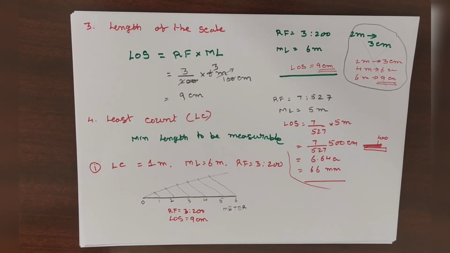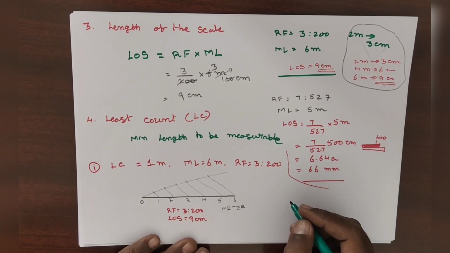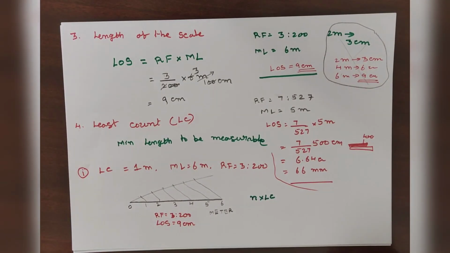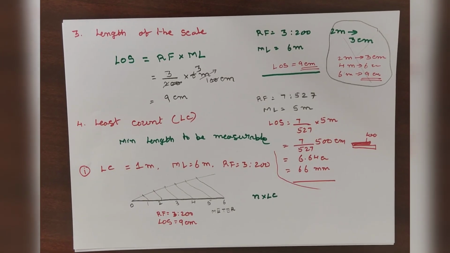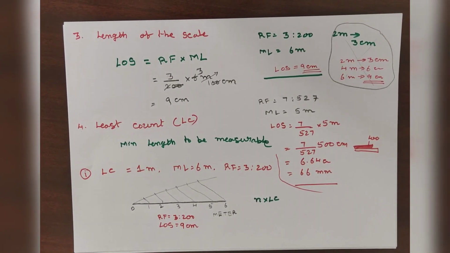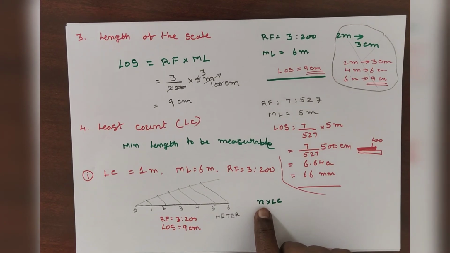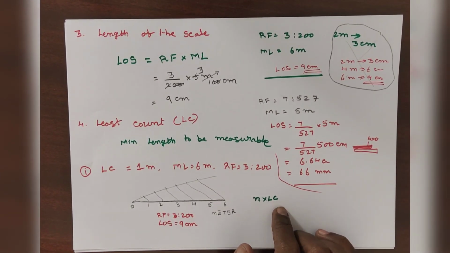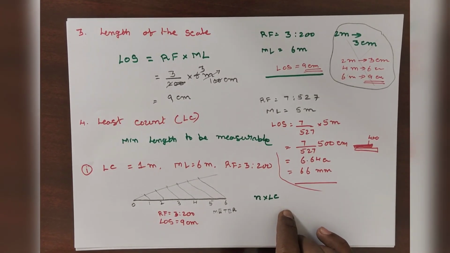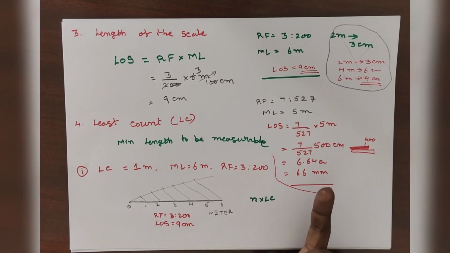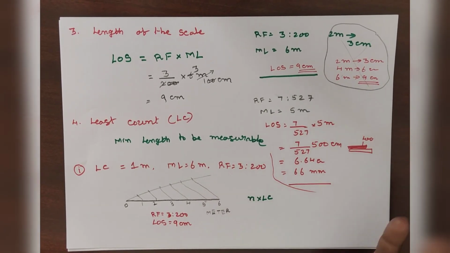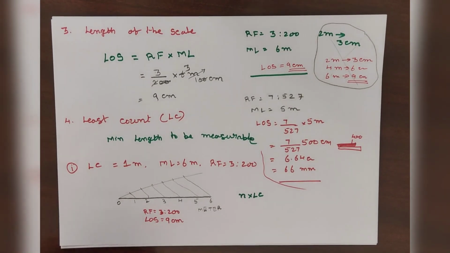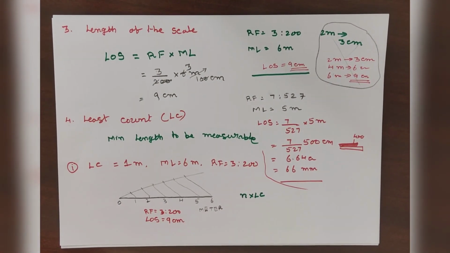We can measure the dimensions which are multiples of least count, that is n into LC. Here least count is 1 meter, so if n is 1, 2, 3, you can measure 1 meter, 2 meters, 3, 4, 5, maximum 6. That's all. If I want 12, 2 times the length we have to take in the drawing.